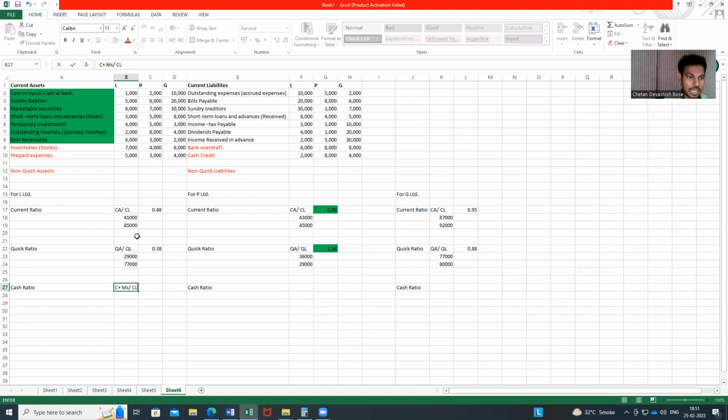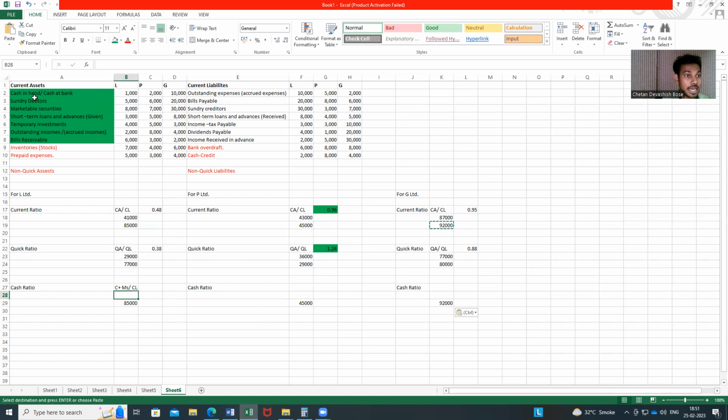See this, I have already calculated current liabilities. I had already calculated it in the current ratio. So I have the denominator, current liabilities, for all the companies.